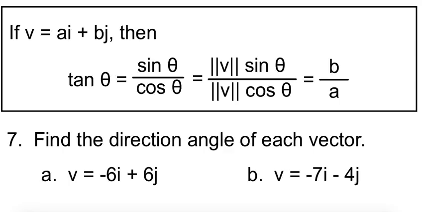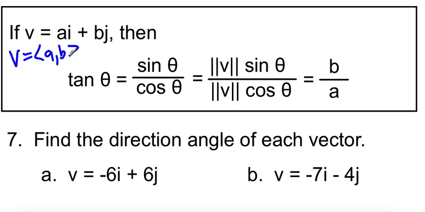So if you have a vector <a, b>, which we can rewrite as ai plus bj, if we want to find the tangent of theta, remember tangent is sine over cosine, which is the same thing as the magnitude of v times sine over the magnitude of v times cosine, which is just going to be b over a.